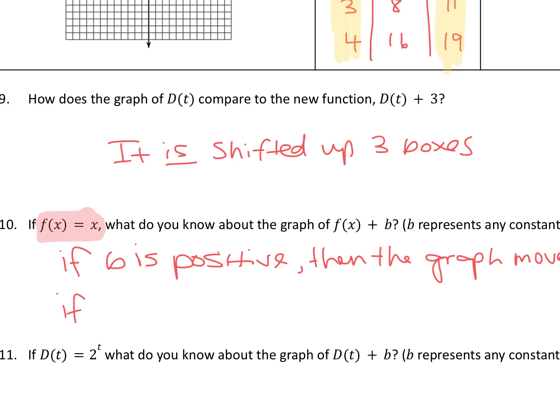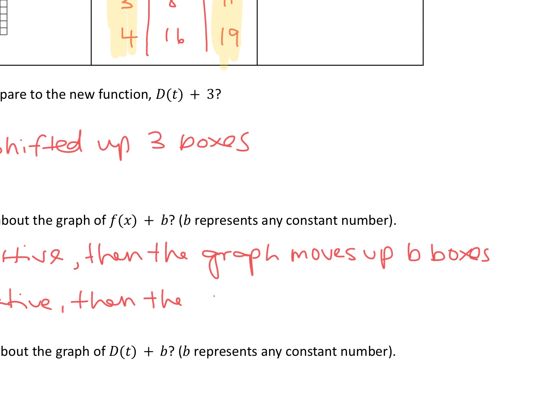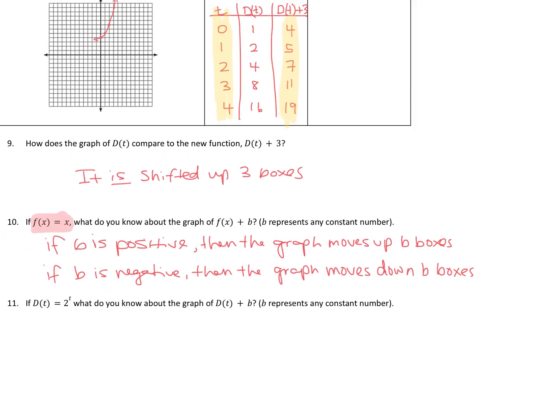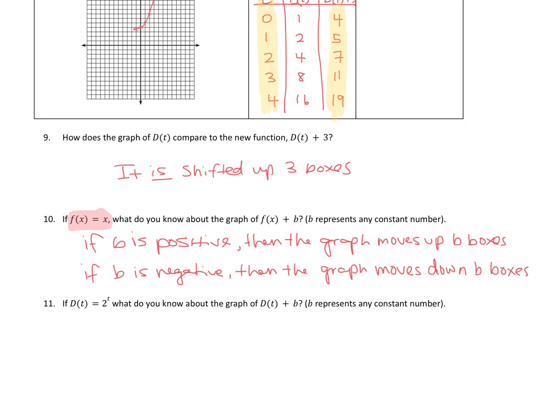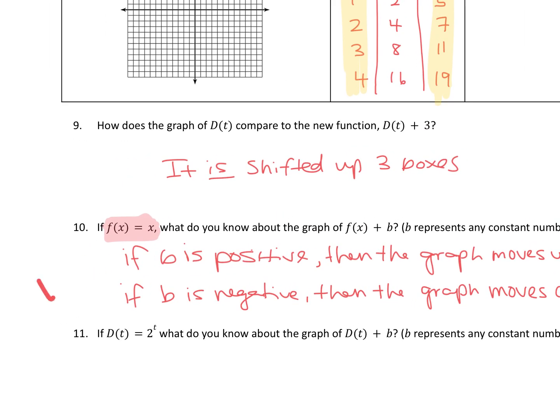So if b is negative, then the graph moves down b boxes. Okay, interesting. Let's see if we can make a rule for, so this was kind of the rule for linear, right? Our observations for linear.